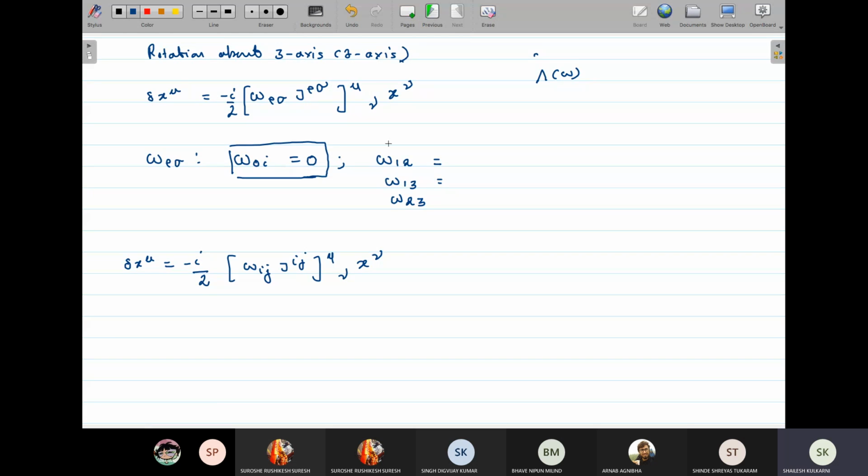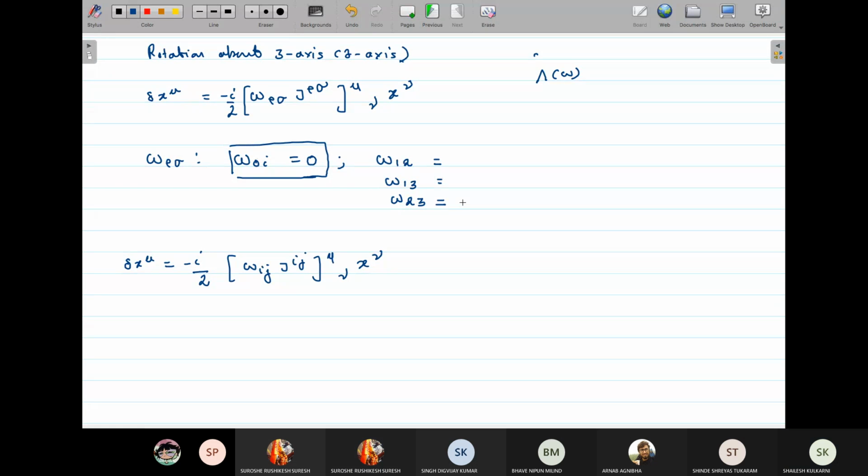Now I have rotation, but that is also about the z axis. So there will be some further simplification in these parameters. Some parameters will go to 0. Now which parameter will go to 0? Can anyone tell me? First of all, omega 1 3, omega 2 3.